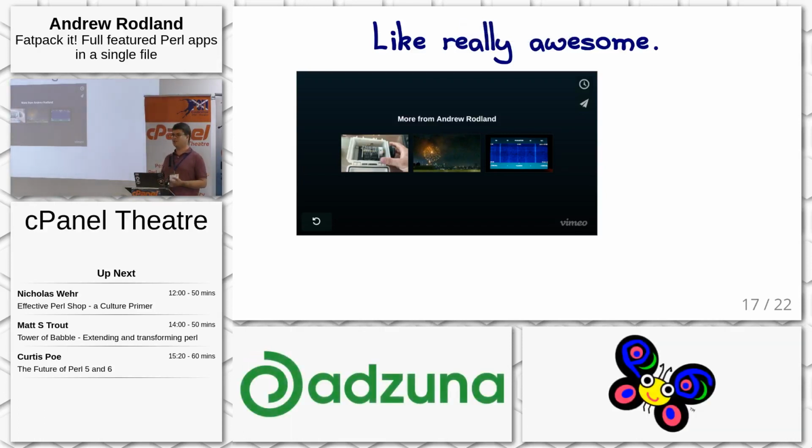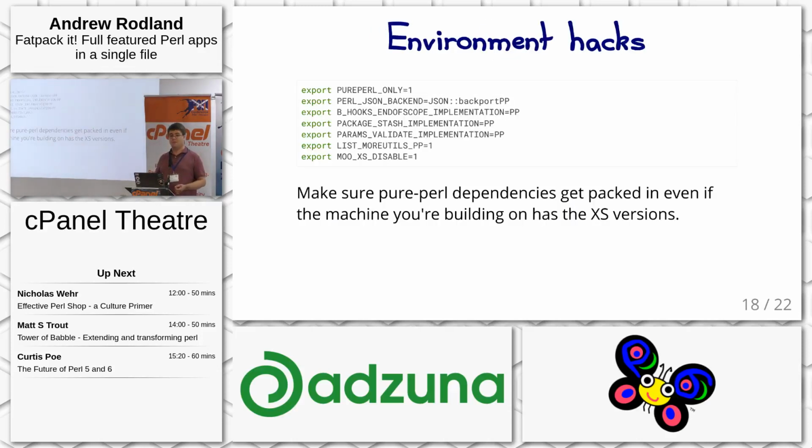Now you don't need to assume that the user even has a CPAN client. If you're building a fatpacked thing, there are certain things you want to do when you are doing the fatpack trace, which is how it collects all of the dependencies for your app. You want to make sure that you are using the pure Perl versions of all of the modules, even though you likely have, as a developer, the XS versions of them on your system.